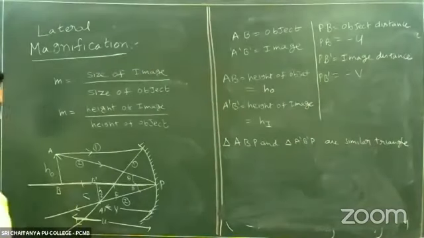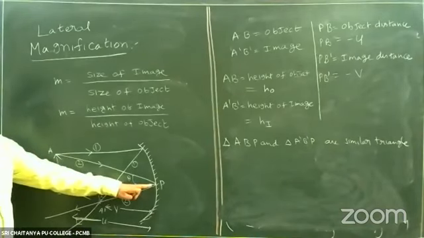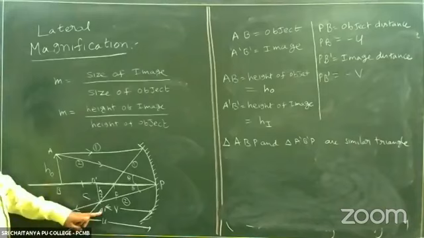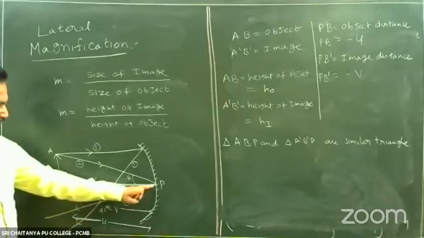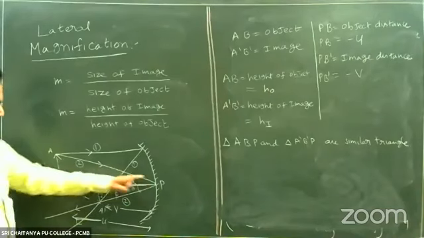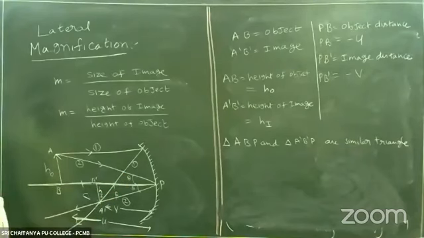Where is ABP? That is one triangle, and A dash B dash P is the other triangle. The angles are the same, so they are similar triangles. In similar triangles, the ratios of the sides must be the same: opposite by opposite, adjacent by adjacent.